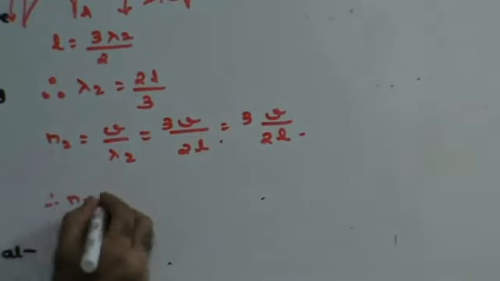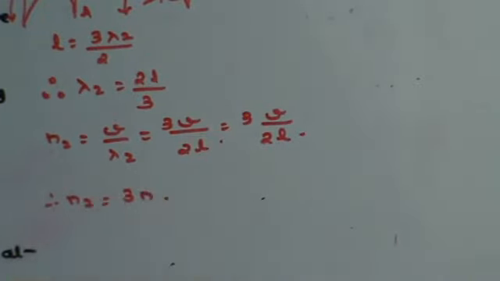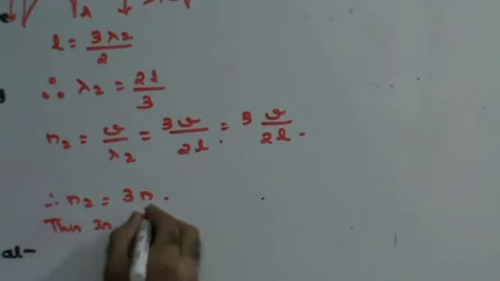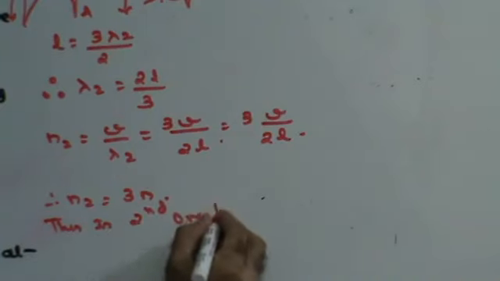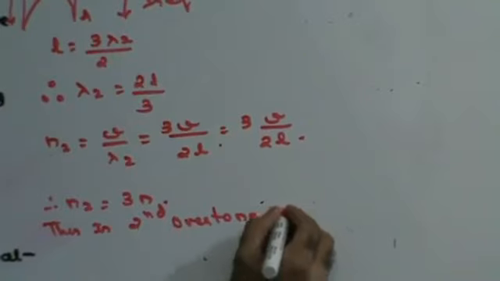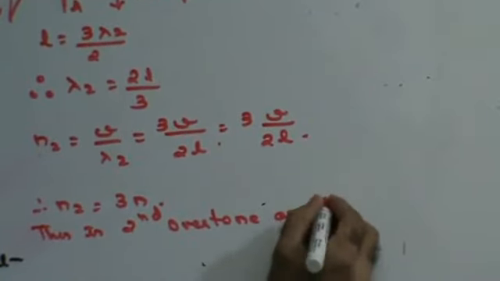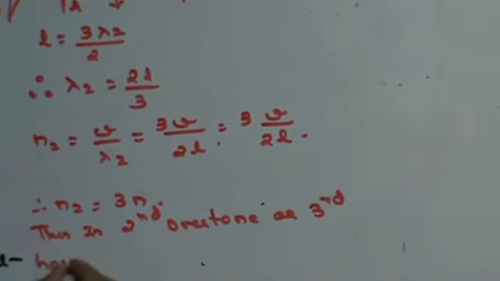Therefore I can say N2 is 3 times N, so that V by 2L is my fundamental frequency. So therefore this is my second overtone and this will be equal to the third harmonic. This is second overtone or third harmonic.